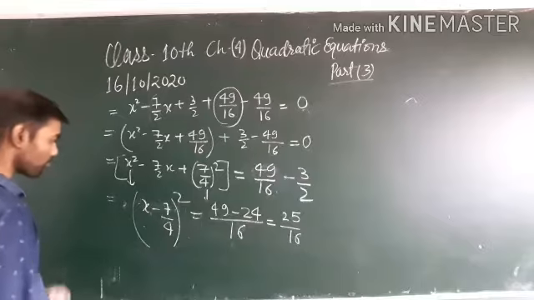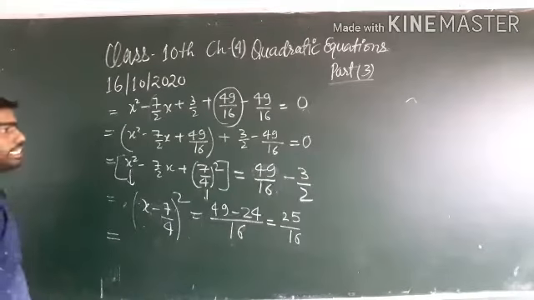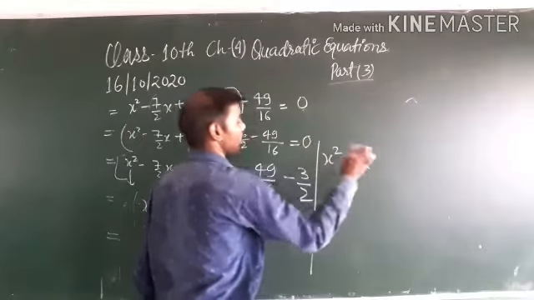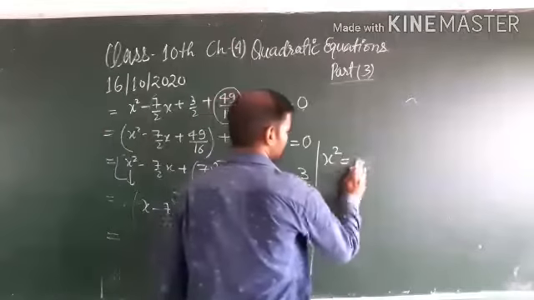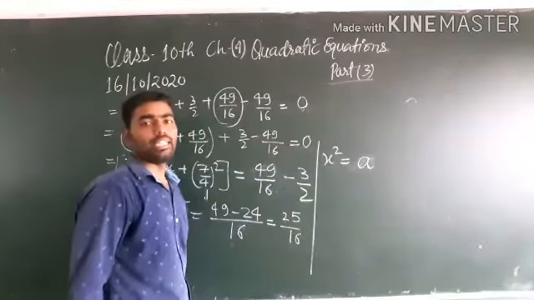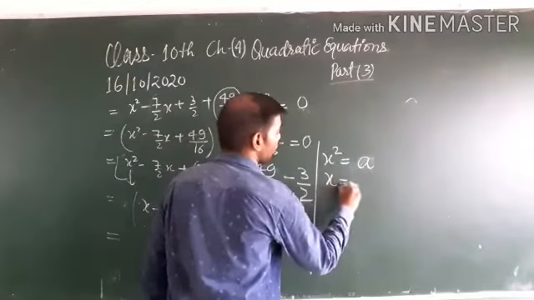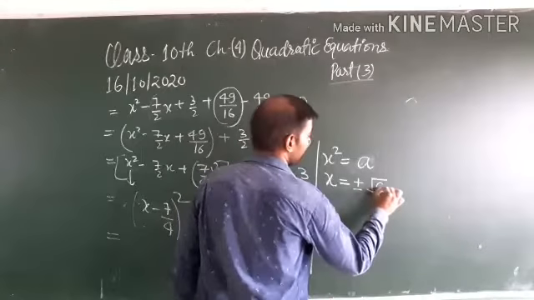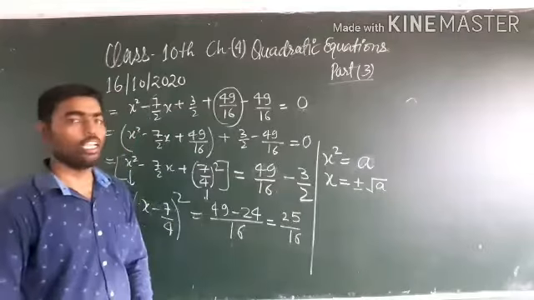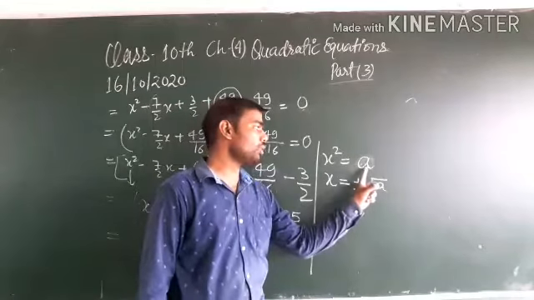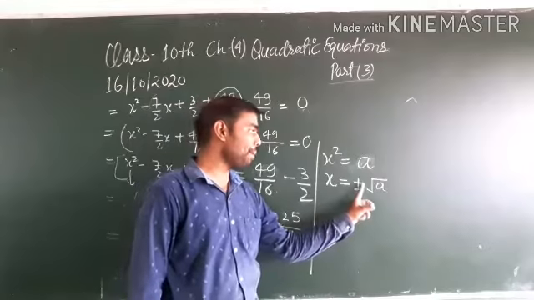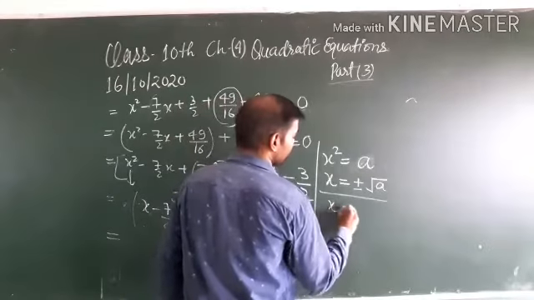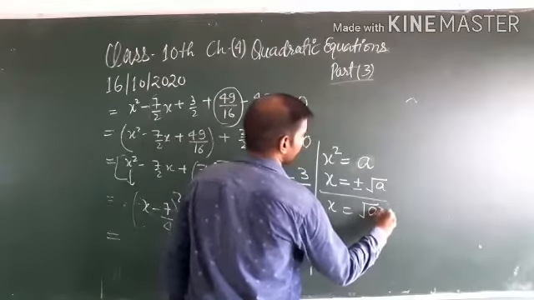Now here, this is a concept. If x square is equal to a, then the value of x is equal to plus minus square root a.